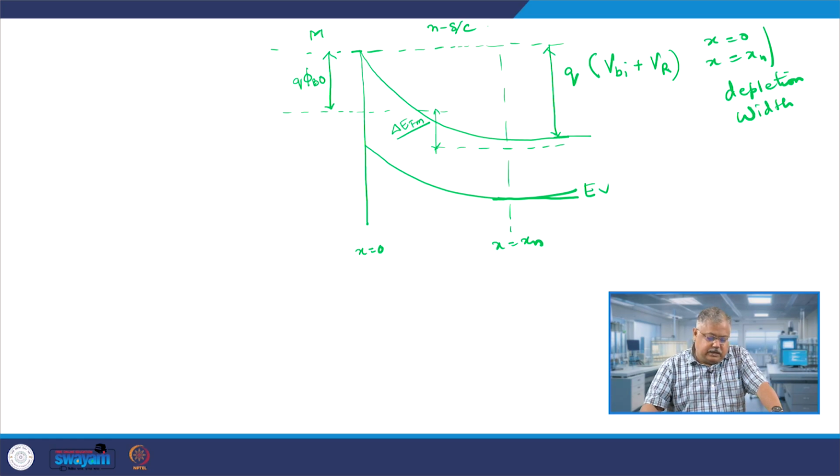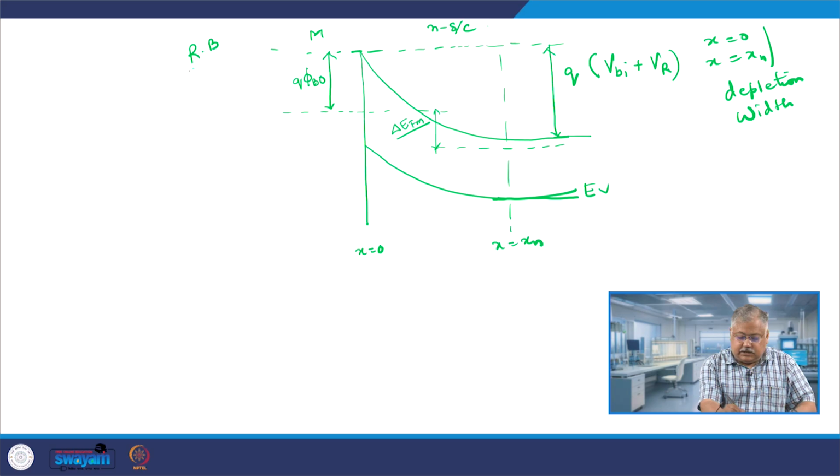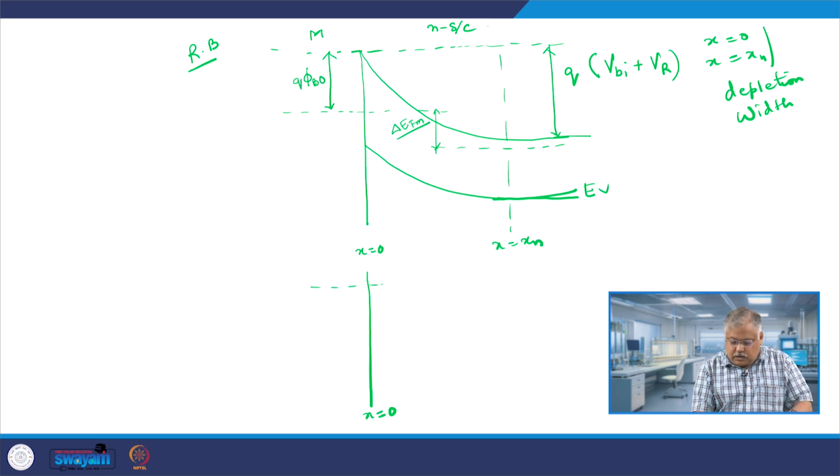However, if you take up the forward bias condition, this was the reverse bias condition, and if I take a forward bias condition, then this is x equals 0 which you see, and then this is my vacuum level which I am assuming.